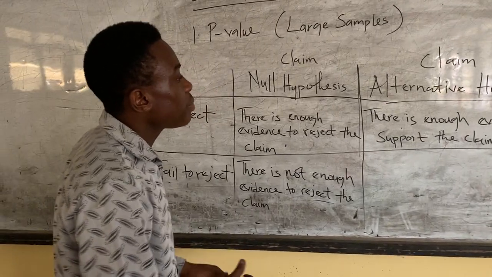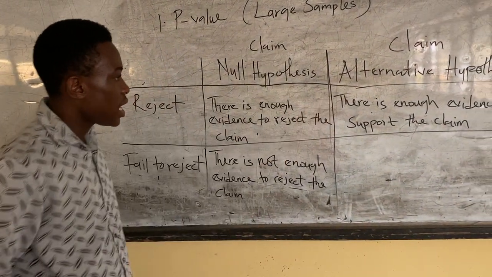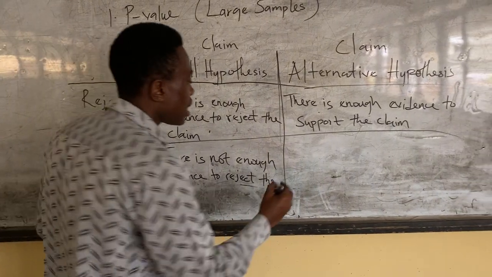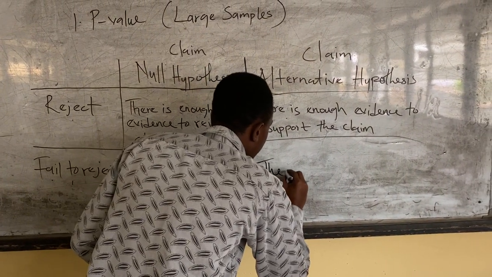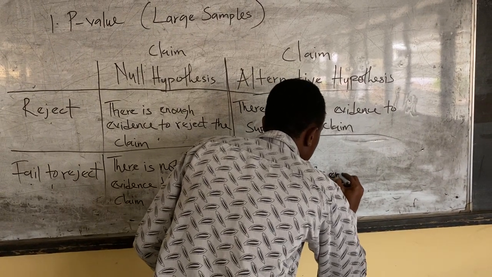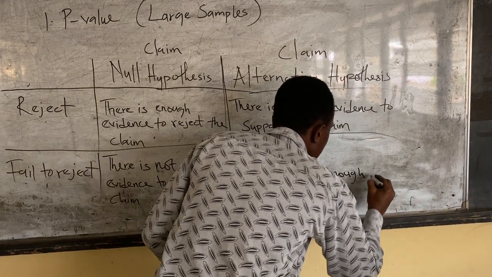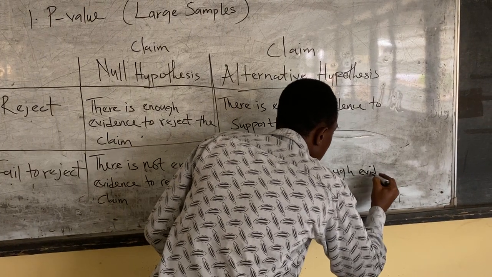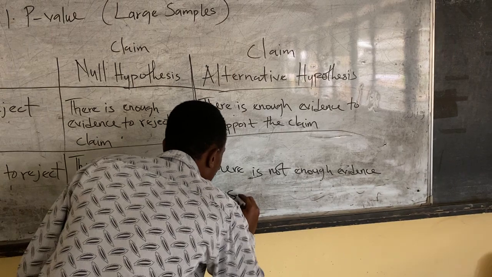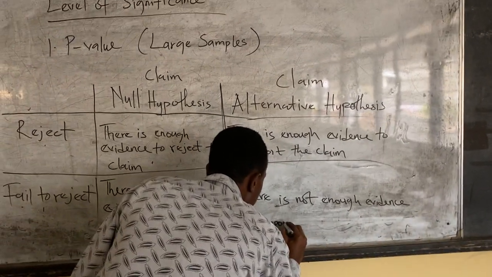And when your claim is the alternative hypothesis and your decision rule is fail to reject, then your decision becomes there is not enough evidence to support the claim.